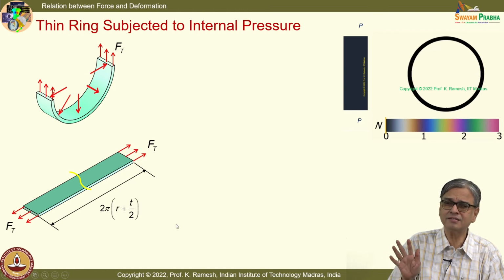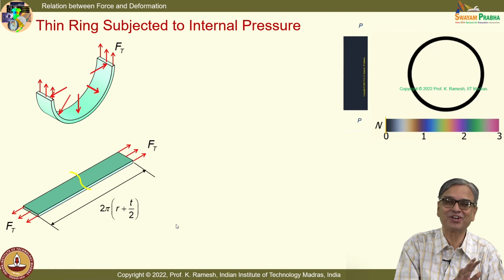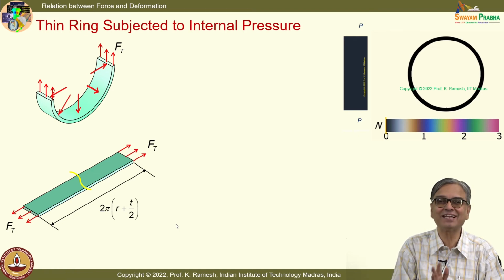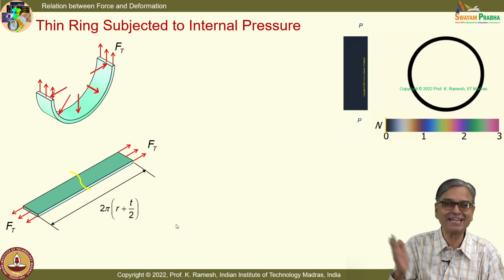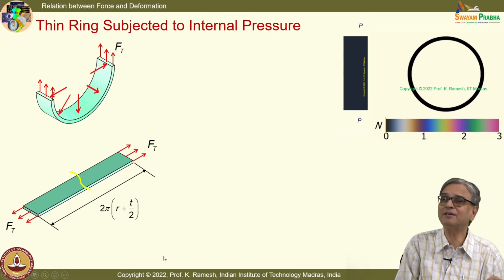But engineers will always knock off the last term, fine. But since you are not very much into engineering, I want to put it step by step and finally knock it off. So, what we are doing is taking an equivalent radius that is at the center of the thickness.